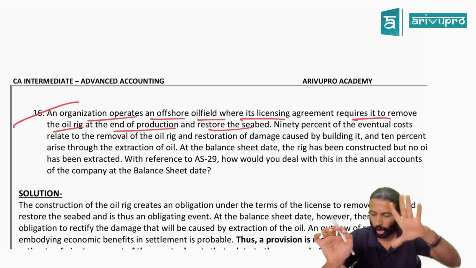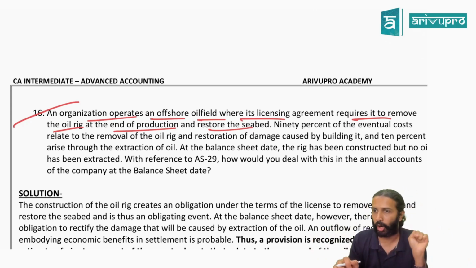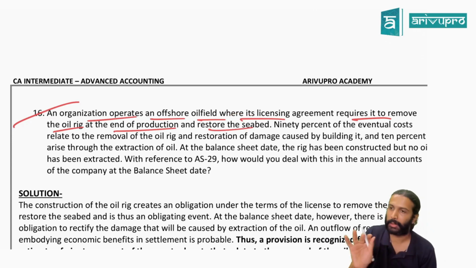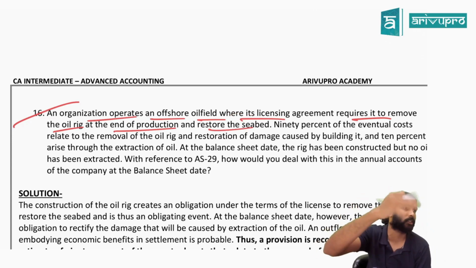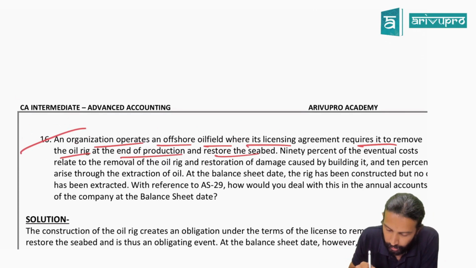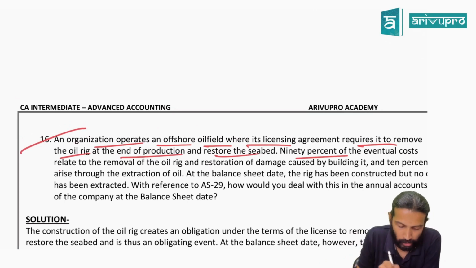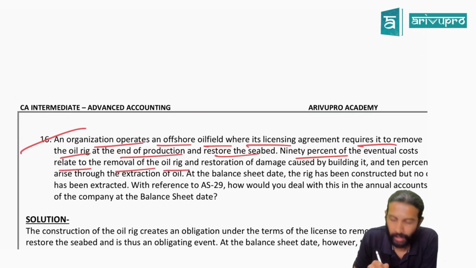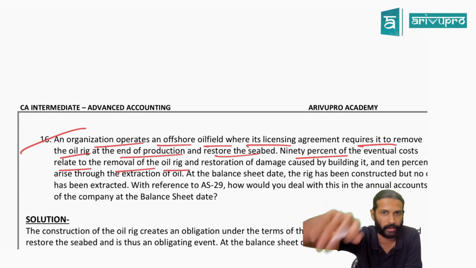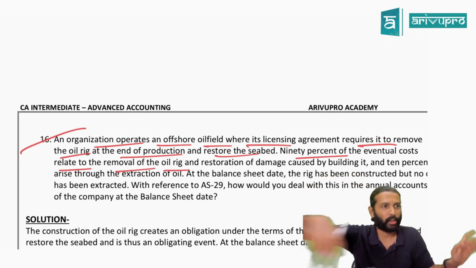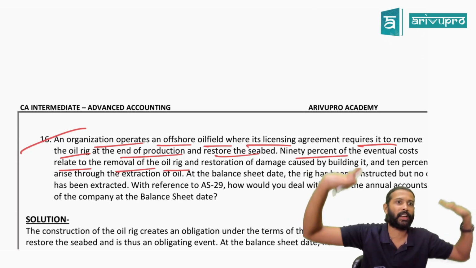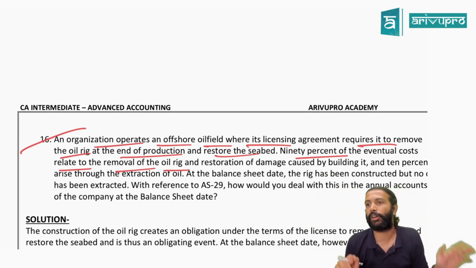So this company has gotten permission to extract the oil, but they have to restore the bed to its original condition once this activity is complete. 90% of the eventual cost relate to the removal of the oil rig. They have constructed that oil rig. Can they keep it in the ocean like that only? Or after the oil is extracted, what do you need to do?